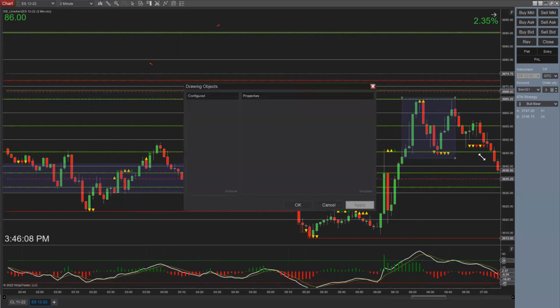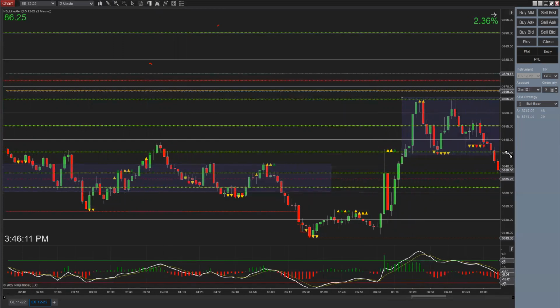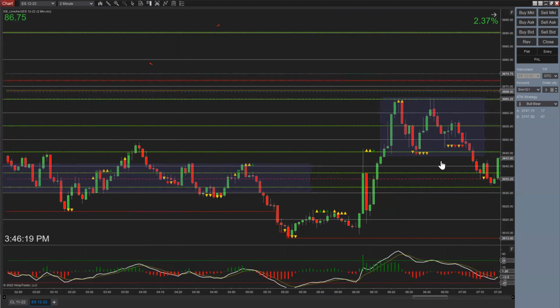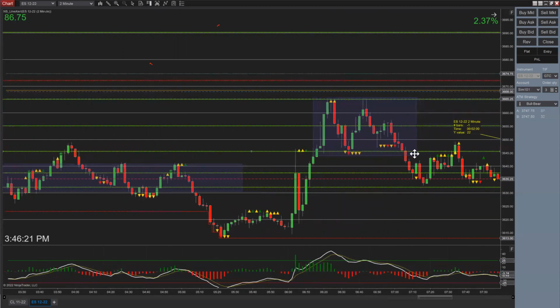So we will see this happen. When this happens, you will see the market start doing something. I don't see it happening here now. One second. This way market breaks down.